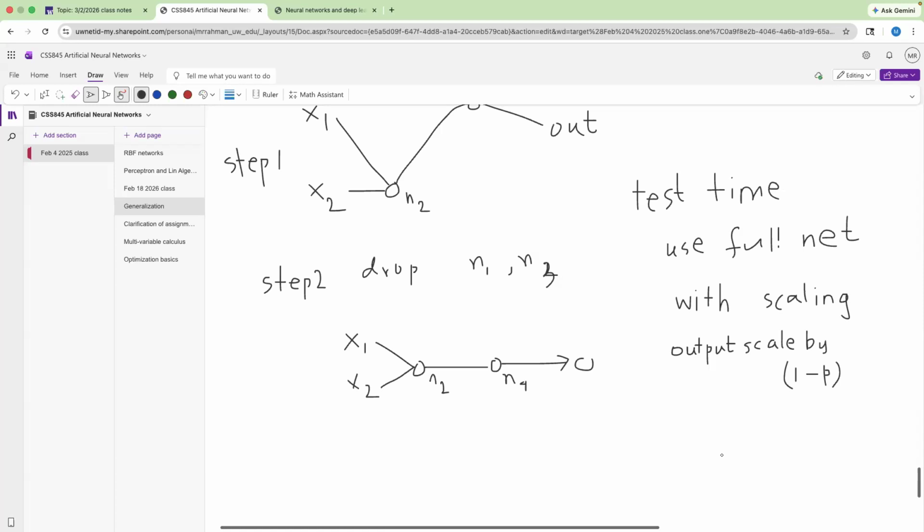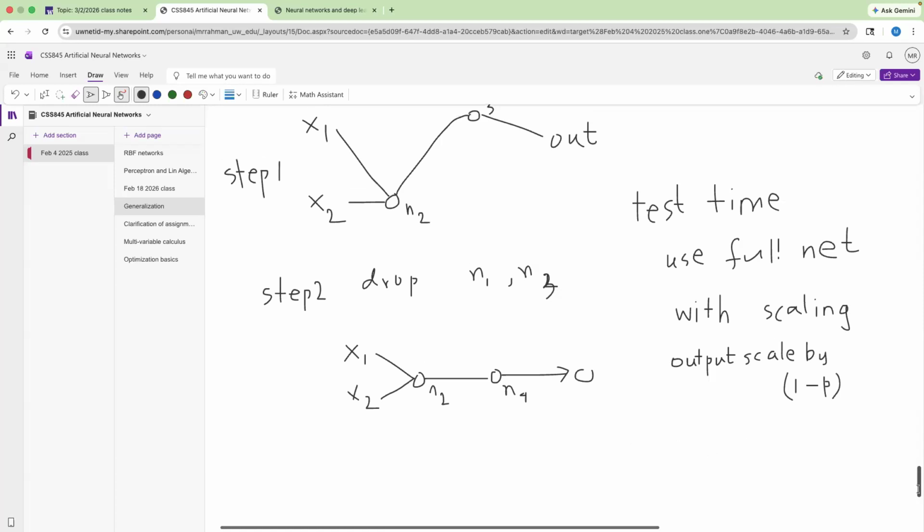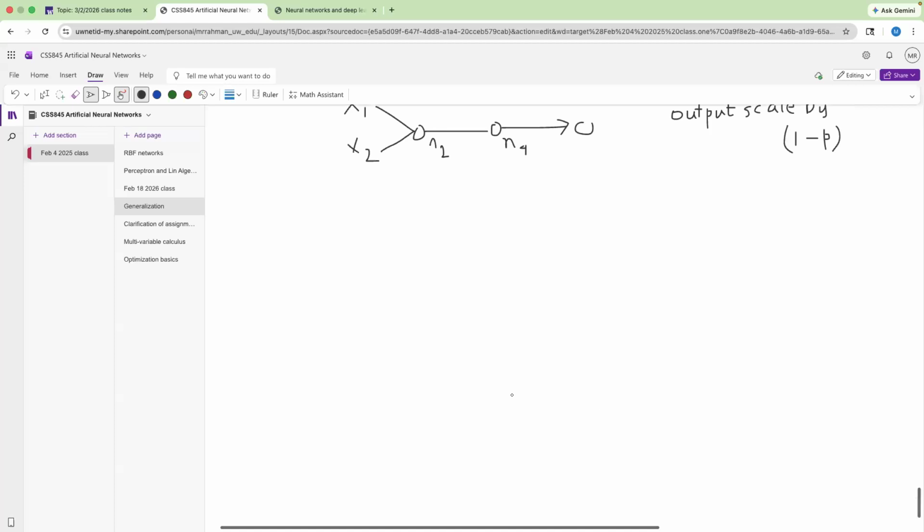Now I want to talk about generalization in modern deep learning. What's the theory of large scale neural networks and generalization? This is the modern view of generalization, and that will be the last topic of today.